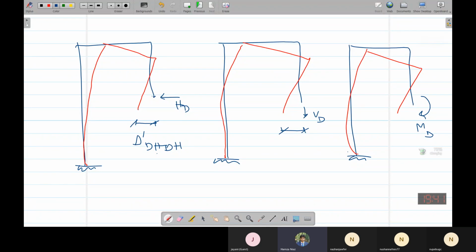Then there will be no sign issue later on. As in this case, look, this is our original frame, and this one is deflected. This has moved downwards, so we have written VD as downward, and this has rotated in clockwise direction. We have written MD as clockwise.